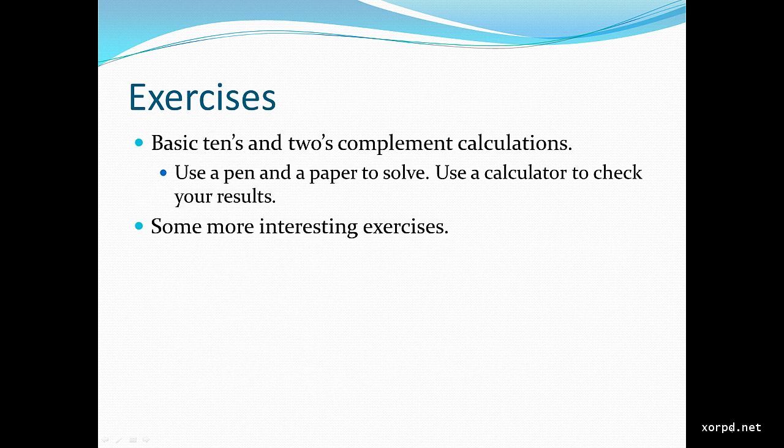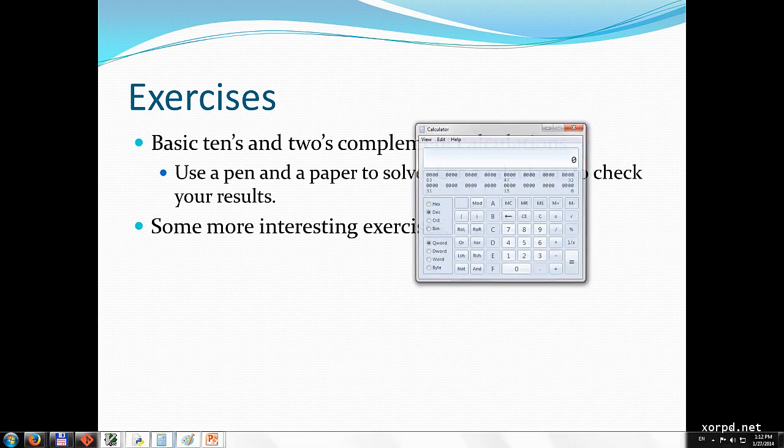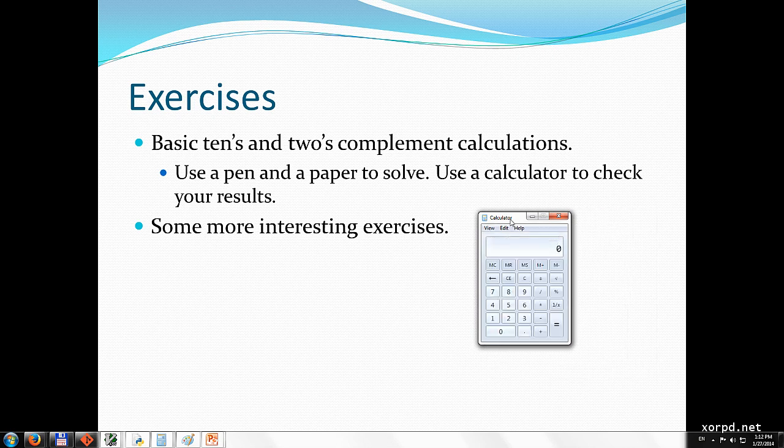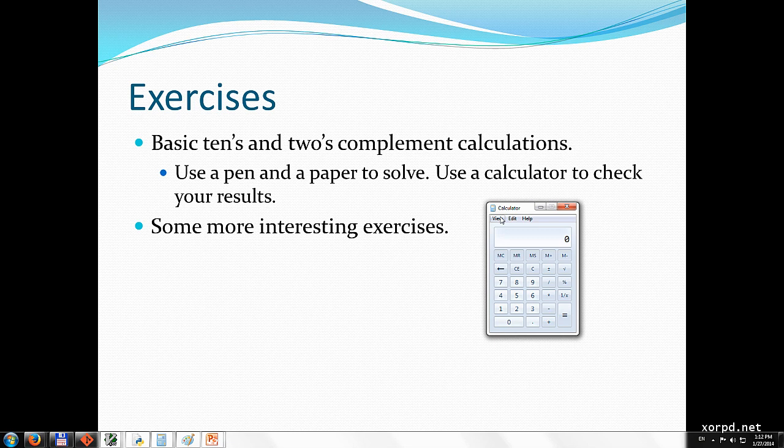Regarding the usage of a calculator to check your results, let me show you what you could do with the Windows calculator regarding signed numbers. This is the calculator in the programmer mode. It might be in the standard mode in the beginning when you just open it, then you can change it to the programmer mode.